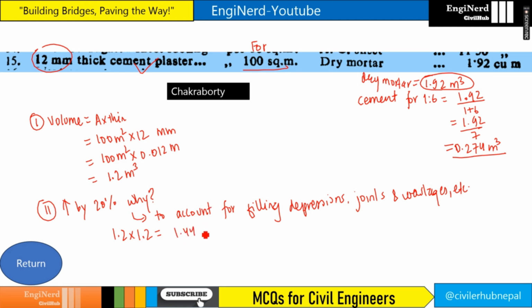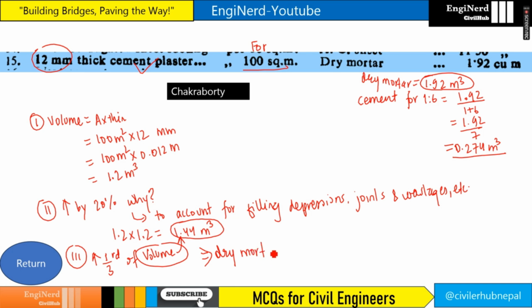So 1.44 meter cube. Now we need to increase this volume of 1.44 meter cube by 1/3 of this volume. Why 1/3? To convert into dry mortar. This is wet mortar, and to convert this we need to increase by 1/3, right?